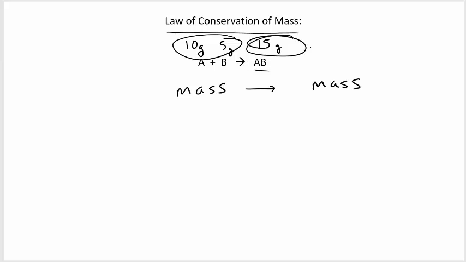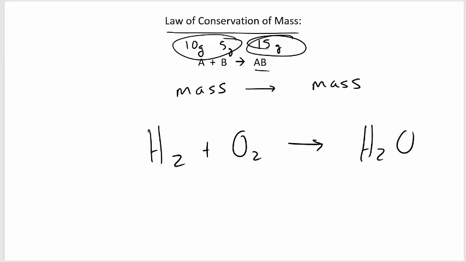So what that means with a chemical reaction is that since each of these elements has a specific molar mass, in other words, hydrogen has a molar mass of 1, and since we have 2 of them, the total mass of that hydrogen would be 2 grams per mole. Oxygen's mass is 16, so that would be 32 grams per mole. Water's mass is going to be 18 grams per mole.